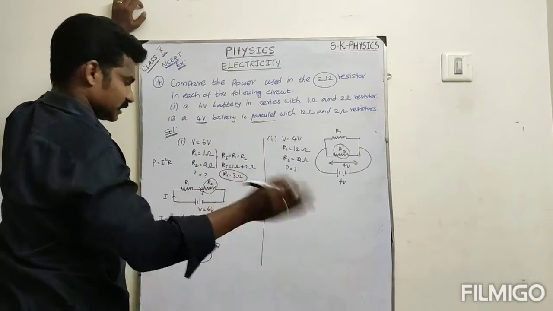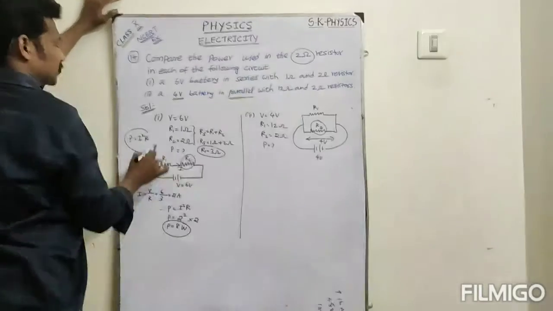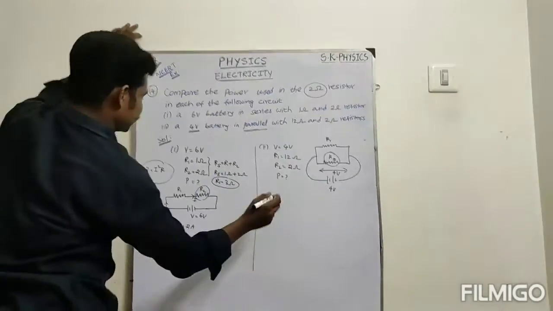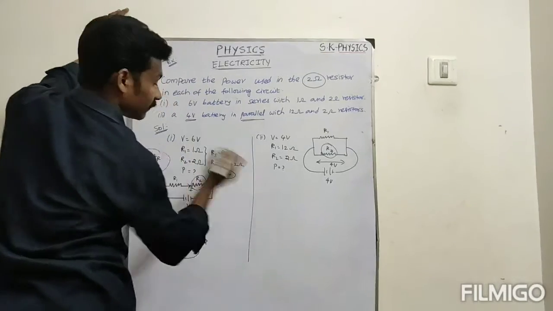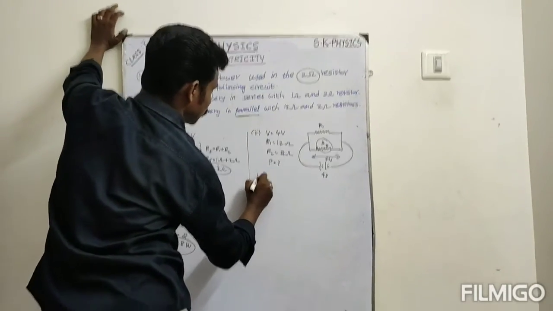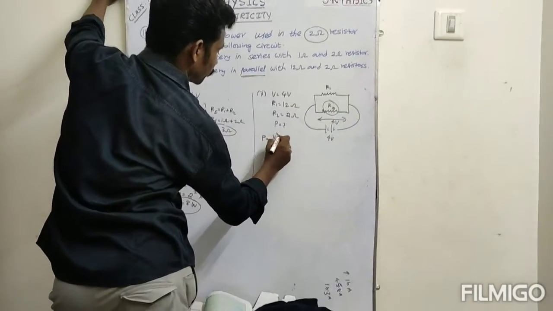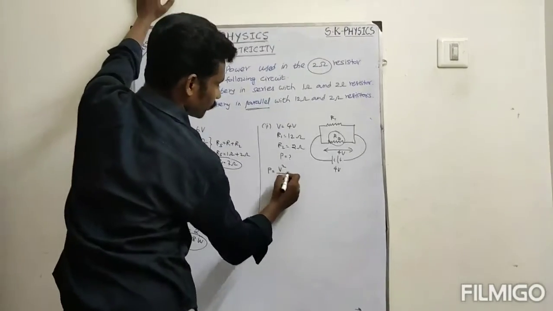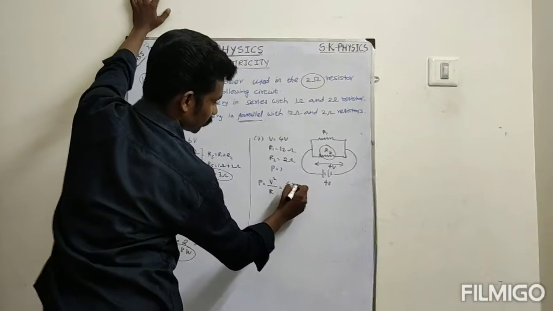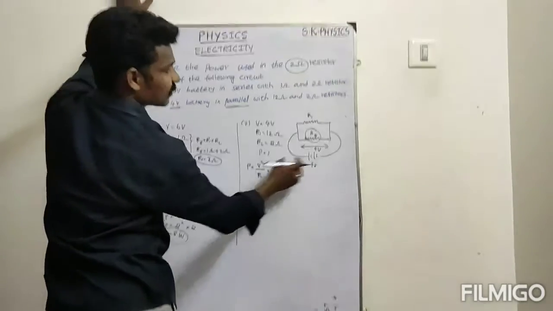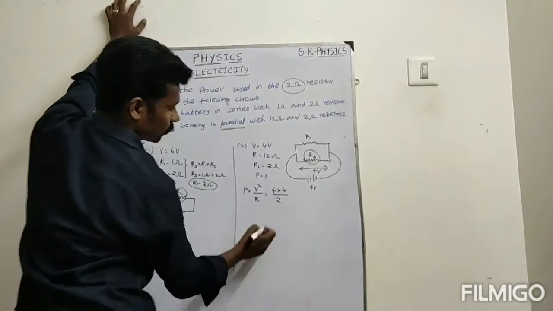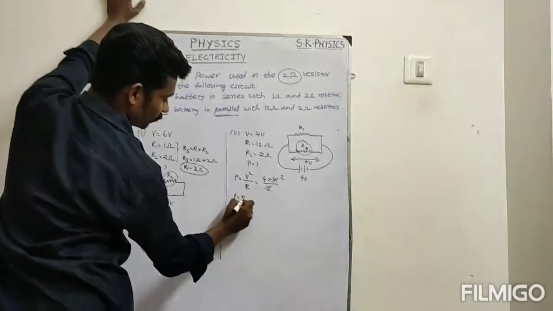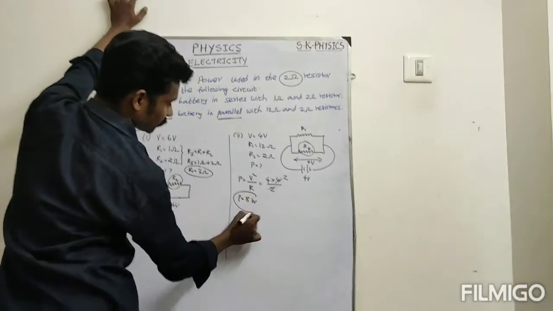So for the voltage and power related formula, power is equal to V squared by R. What about the V value? 4 volts, so 4 into 4 divided by the resistance across the 2 ohm only, it is 2 ohm. So 4 into 4 is 16, divided by 2, is 8. So power is equal to 8 watt.